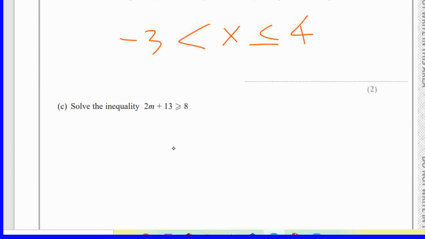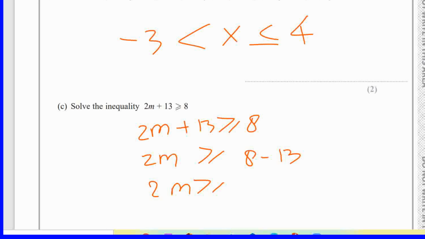Okay, part c, solve the inequalities. 2m plus 13 is less than or equal to 8. So we move 13 to the right. It means we subtract both sides by 13. Subtract 13, so it will cancel out, and this will be negative 13 here.